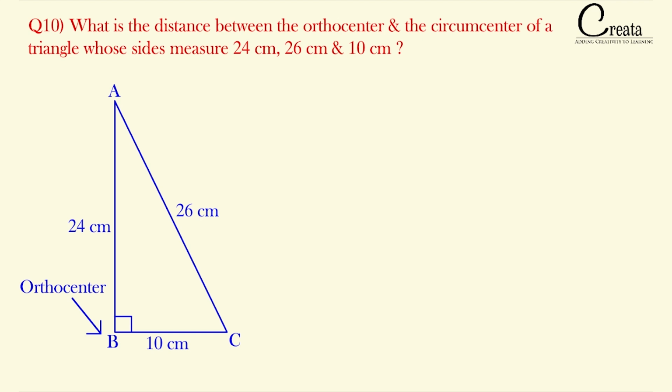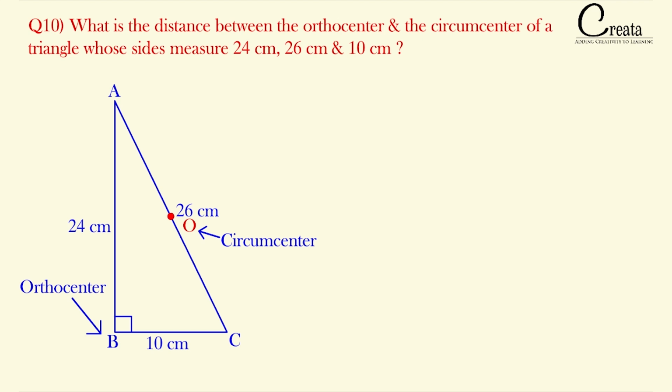And we also know for a right angle triangle, circumcenter lies on the midpoint of the hypotenuse. So let's locate the midpoint of the hypotenuse. So this point will be the circumcenter. So the midpoint of the hypotenuse will be the circumcenter for this triangle. So we have located the orthocenter and the circumcenter.